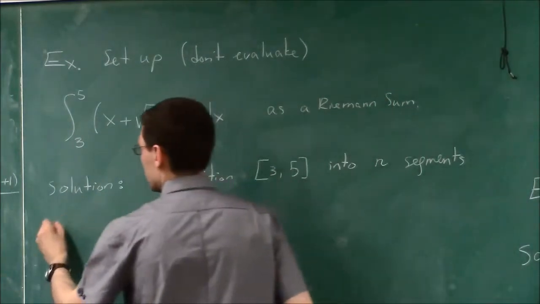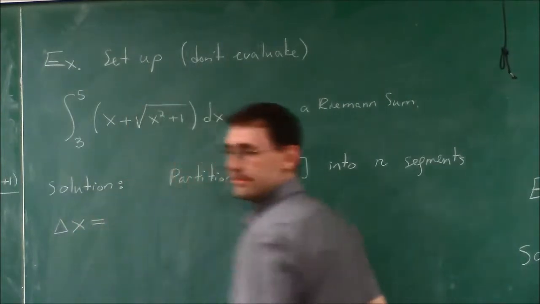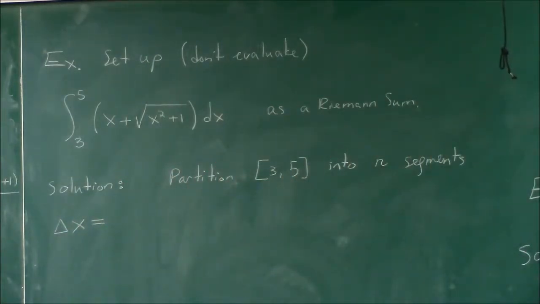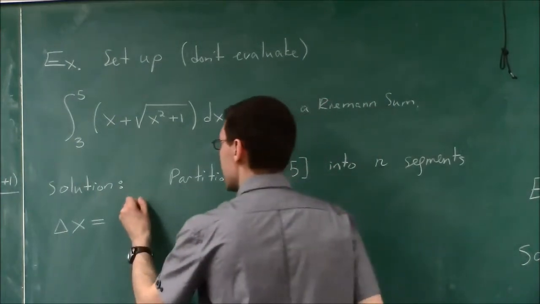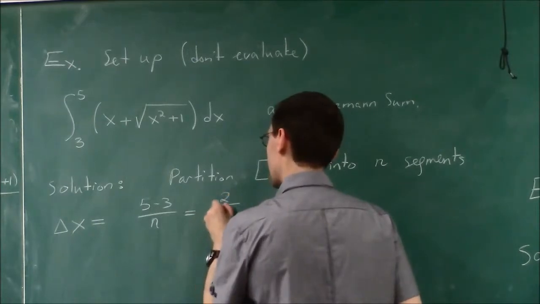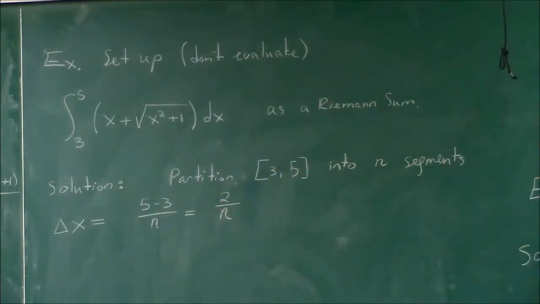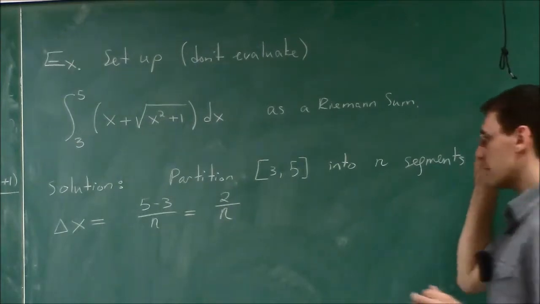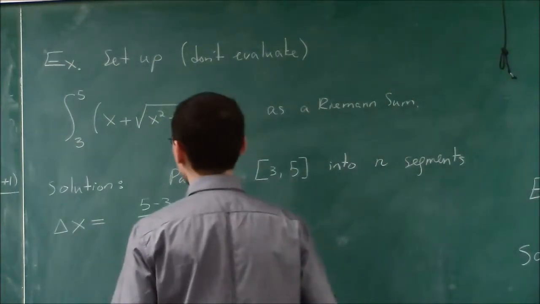That makes delta x equal to what? Yes, so it's equal to 5 minus 3 over n, which is 2 over n. Now, what does delta x represent? The width of a thin rectangle. Every rectangle that we're using has the same width, which will be 2 over n. Okay? So delta x is 2 over n.